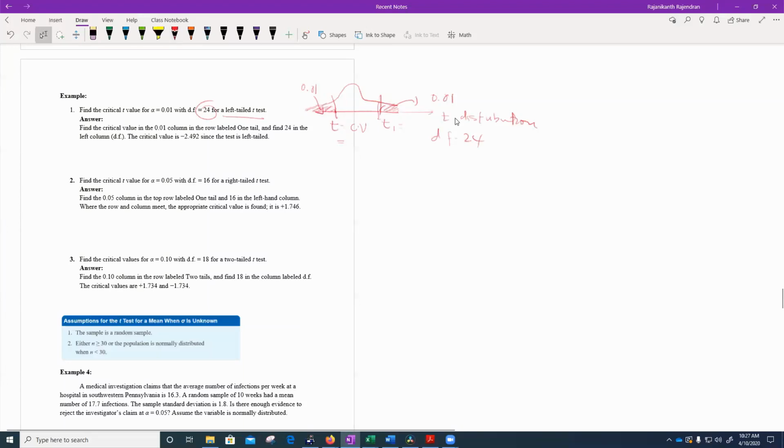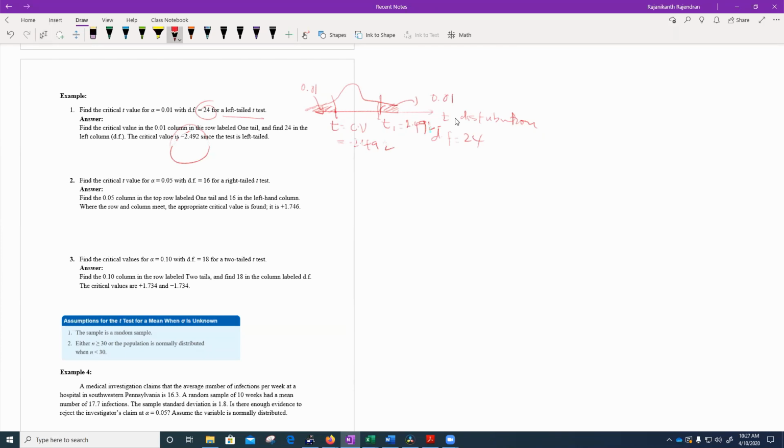That means this value is 2.492, but I wanted this value, which is going to be the negative of that. That is why you have this answer. Because of the left tail. If it is a right tail, positive value. If it is a left tail, negative.